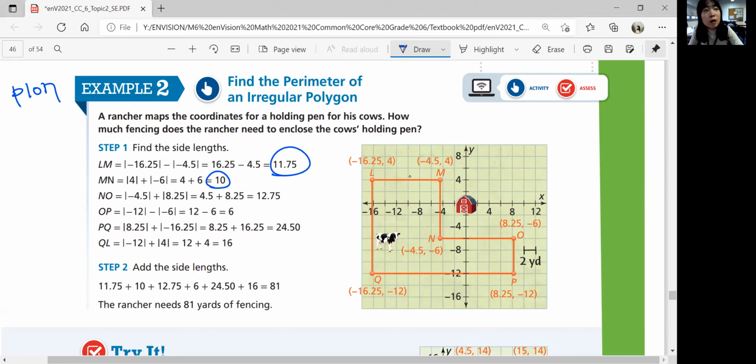So LM, NQ, QP, they're all going to be horizontal distances. So you use your x values because they're different, right? And all the other sides are vertical distances.